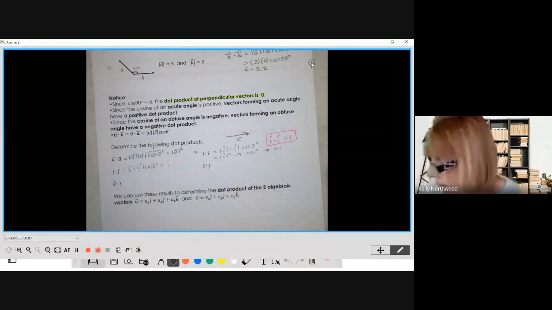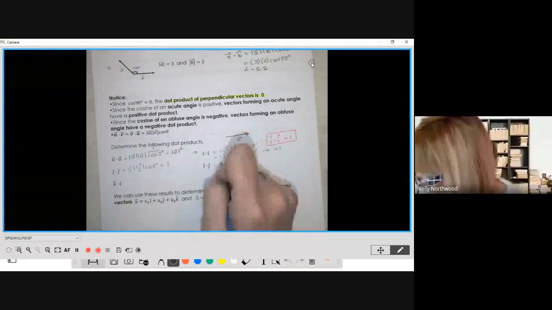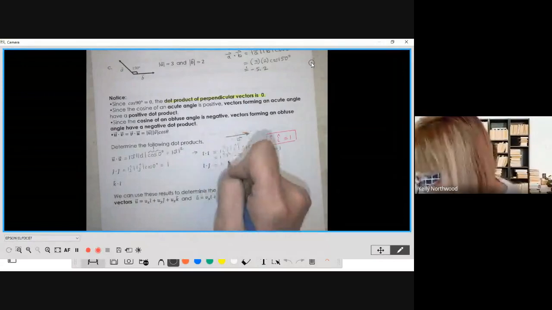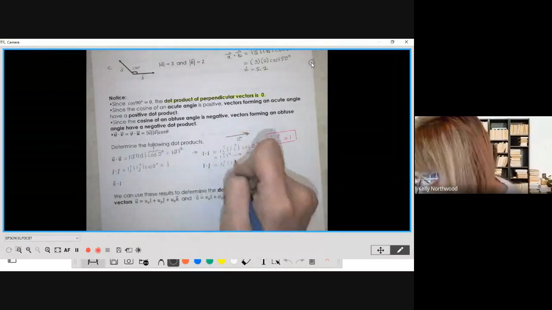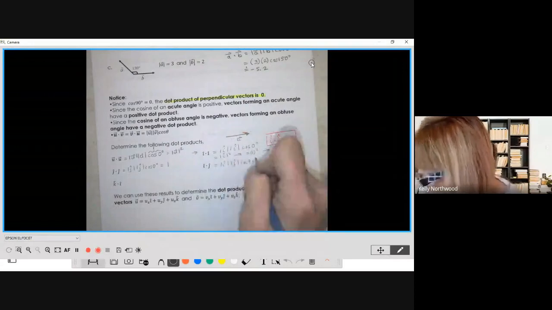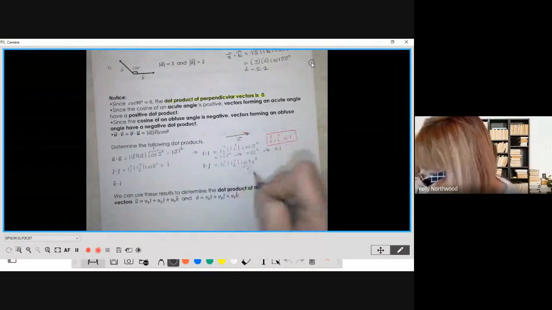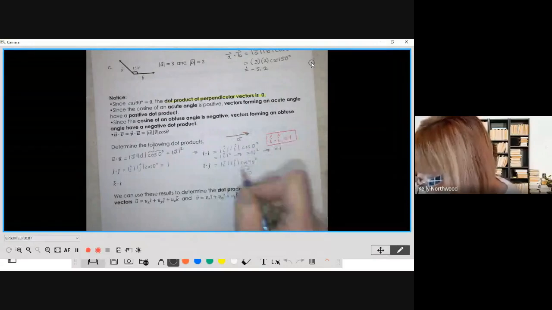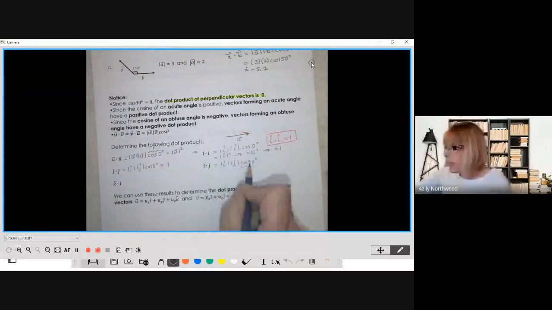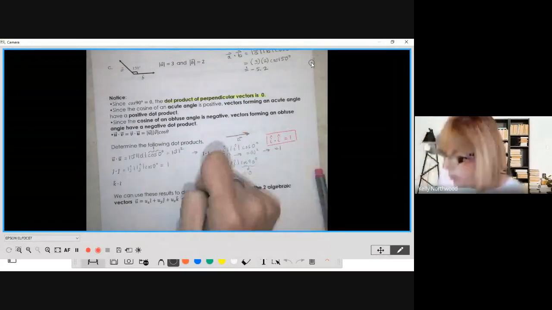i hat dot j hat, on the other hand, so here we've got the magnitude of i hat times the magnitude of j hat times the cosine of 90 degrees. But we know the cosine of 90 degrees is equal to 0. So 1 times 1 times 0 is 0. So this is also an important result, that i hat dot j hat is equal to 0 because they're at 90 degrees to each other.